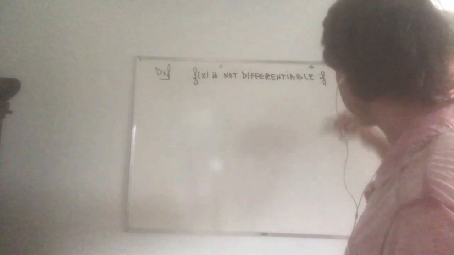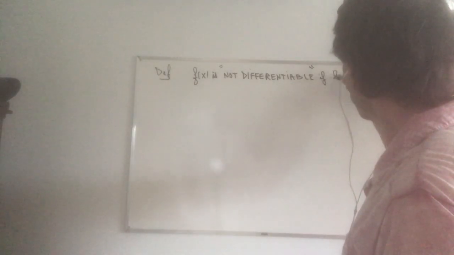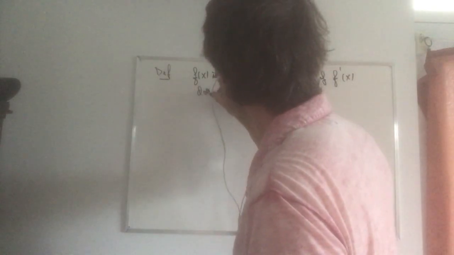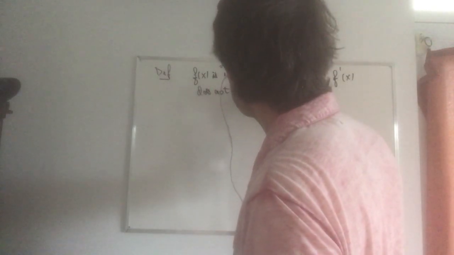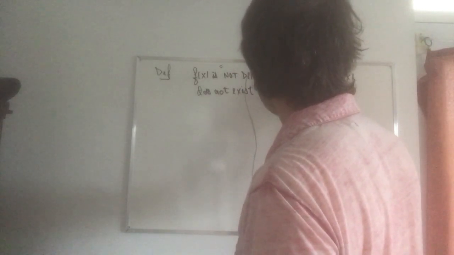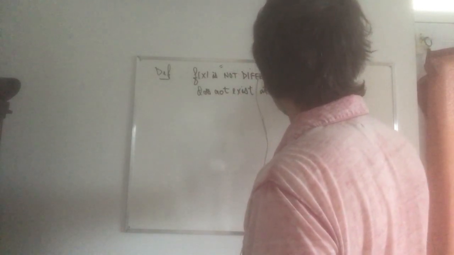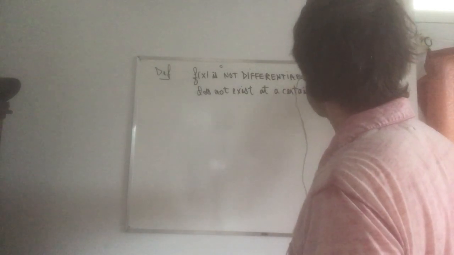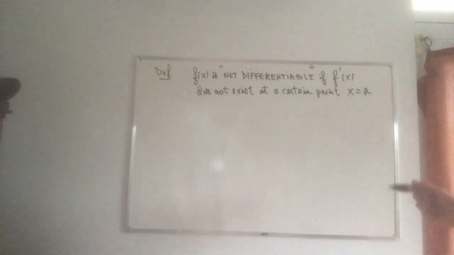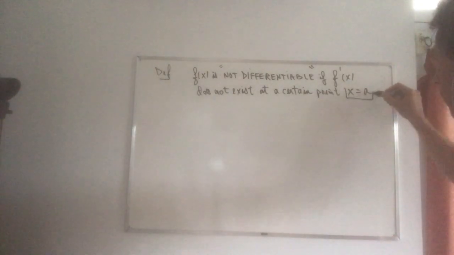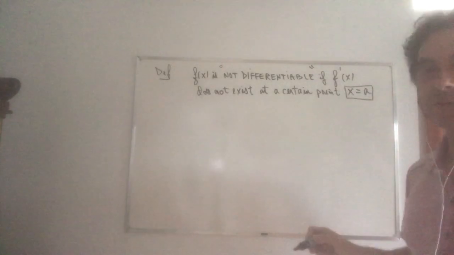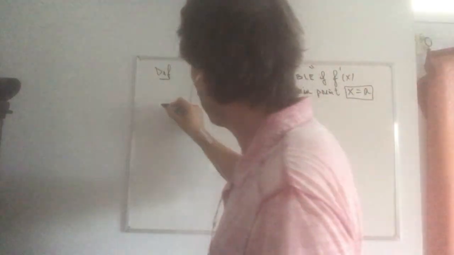If f prime does not exist at a certain point, x equals a, say. So we're going to say that f is not differentiable here at x equals a if f prime does not exist.